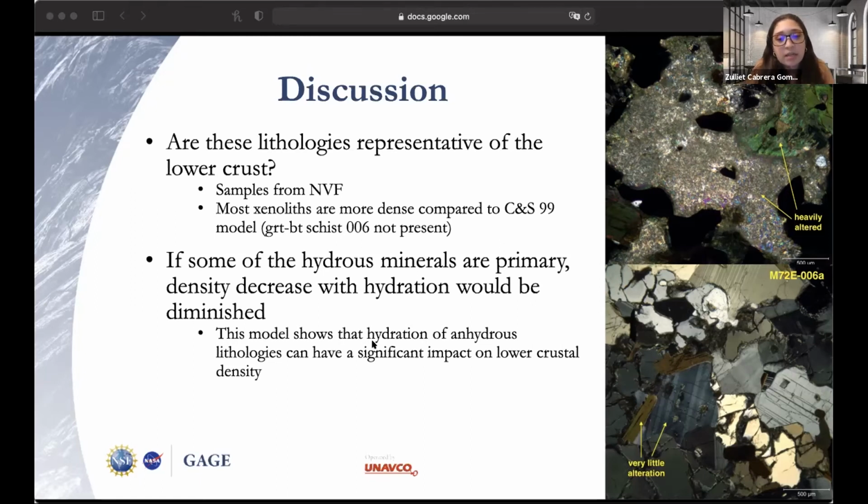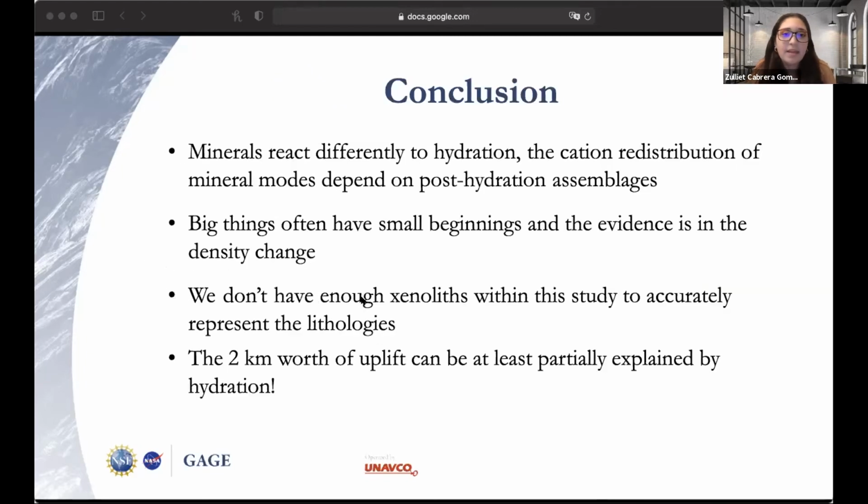Generally speaking, we aren't getting the whole picture based on these 5 samples alone. In conclusion, minerals react differently to hydration because of the cation redistribution of minerals; modes depend on post-hydration assemblages.